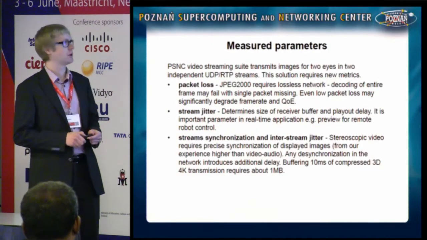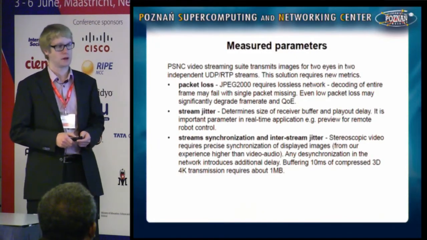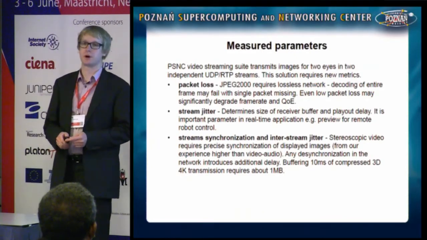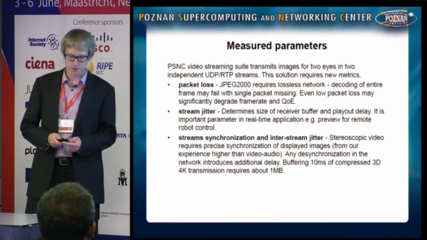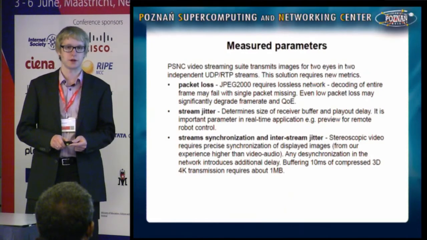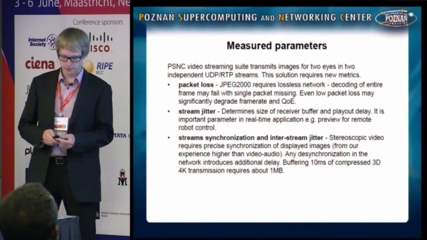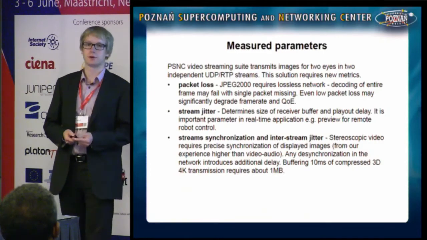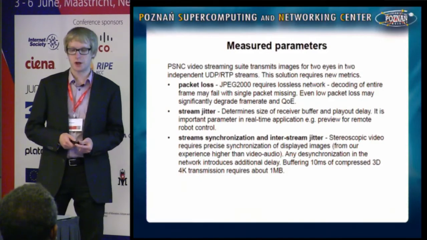One of the key things in such an application is the monitored parameters. There's not much standardization in this area, especially for video and especially for two-stream transmission that contains two streams.